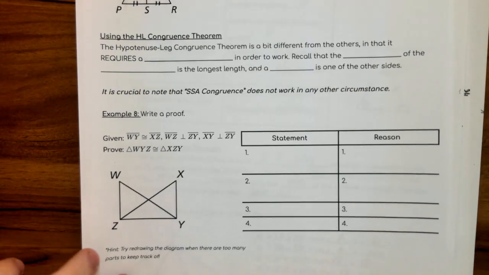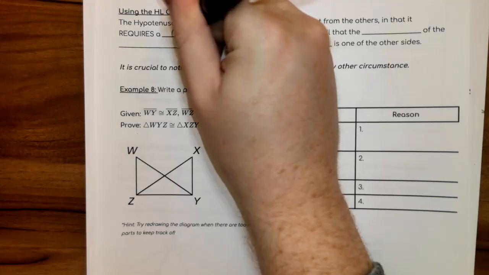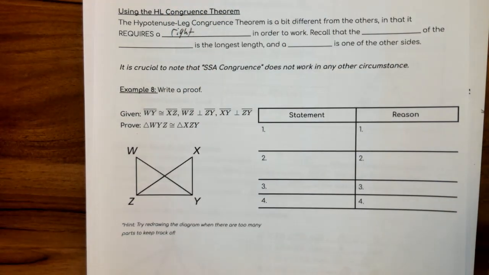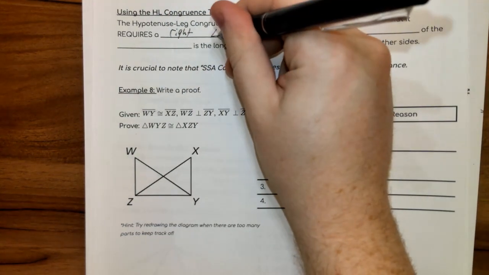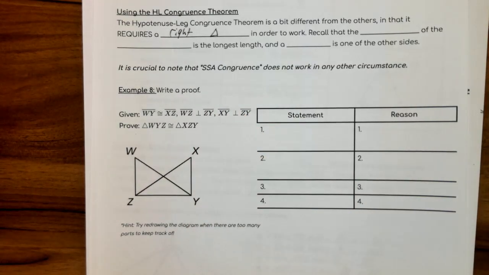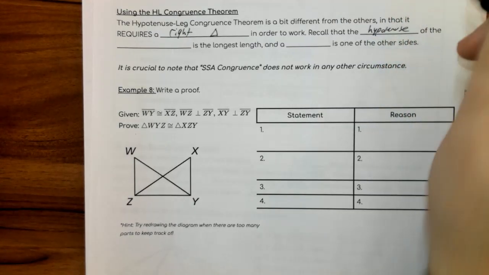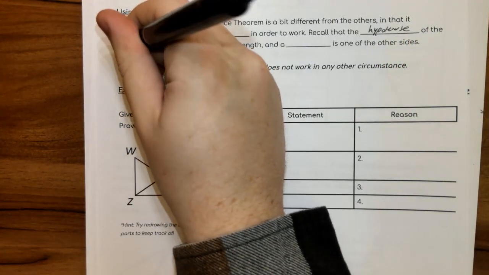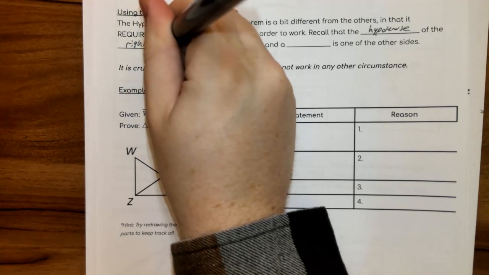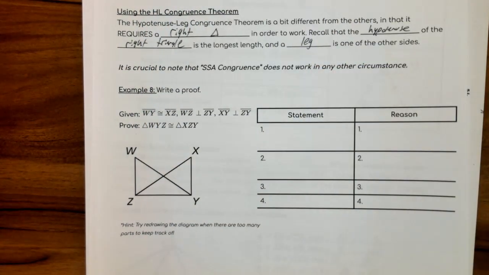Last but not least, we have the hypotenuse leg theorem. This one's tricky because it requires a right triangle or a right angle to work. Because by the definition of a right triangle, if you have a right angle, it's a right triangle. Once again, recall the hypotenuse of the right triangle is the longest length, and a leg is just a different one of the sides.